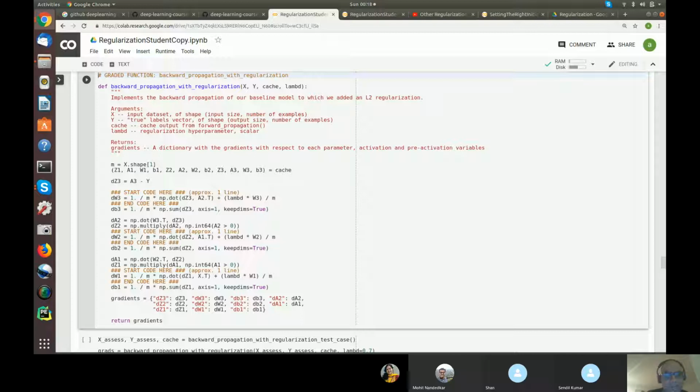And now the back propagation is the step where we essentially find the derivative of the loss function with respect to the weights.